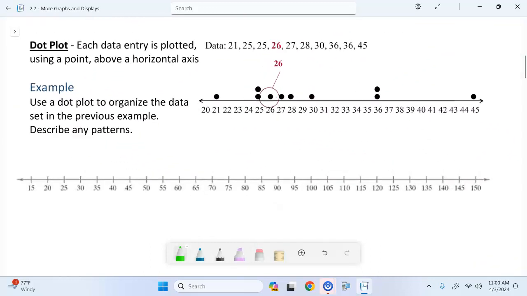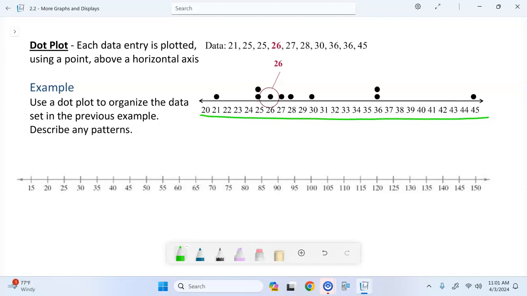Another display is a dot plot. If you take a stem and leaf plot and turn it sideways, it's going to resemble a little bit a dot plot, but instead of numbers, we have dots to represent each of those numbers. We plot every data point on just a horizontal axis, but notice instead of grouping it by stems, every single number is listed.